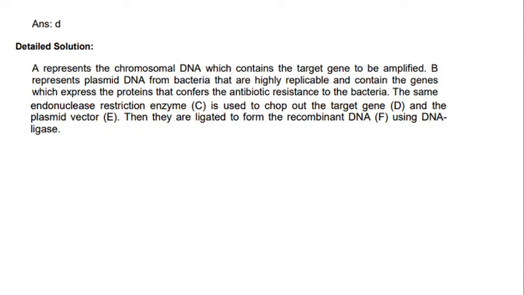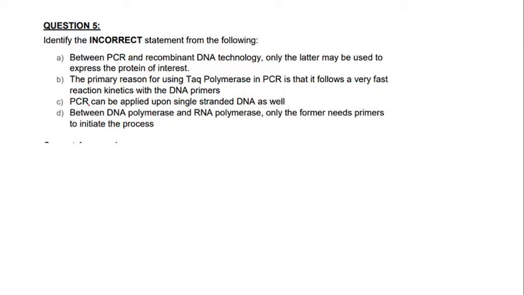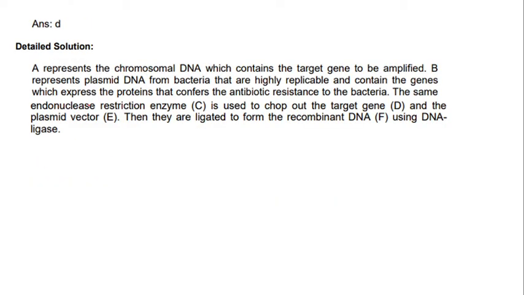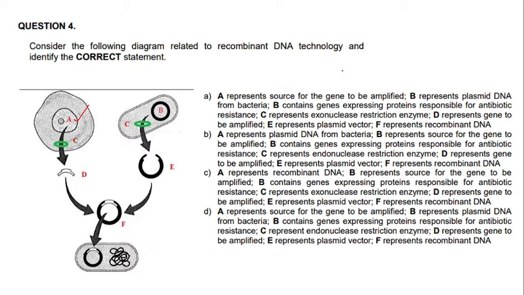And B represents plasmid DNA from bacteria that are highly replicable and contain the genes which express the protein that confers antibiotic resistance to the bacteria. Fine. So A is the source of the gene to be amplified, and B represents plasmid DNA. So in this option, this is also correct.